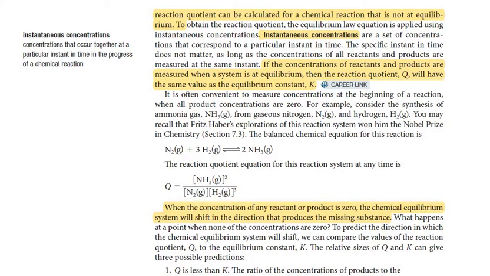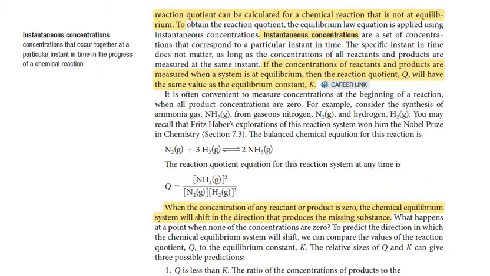It means that if the concentration of product is 0, the reaction will proceed toward the product side. If the concentration of reactant is 0, the direction shifts to the reactant side.